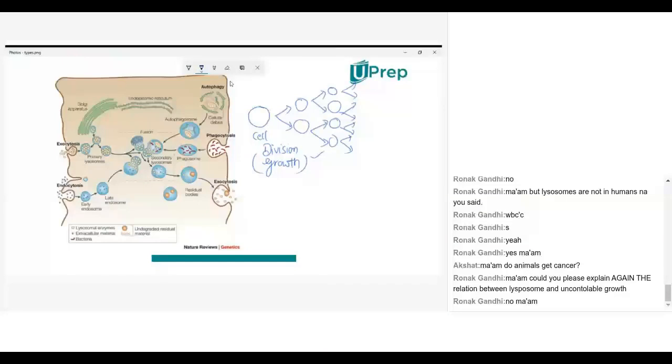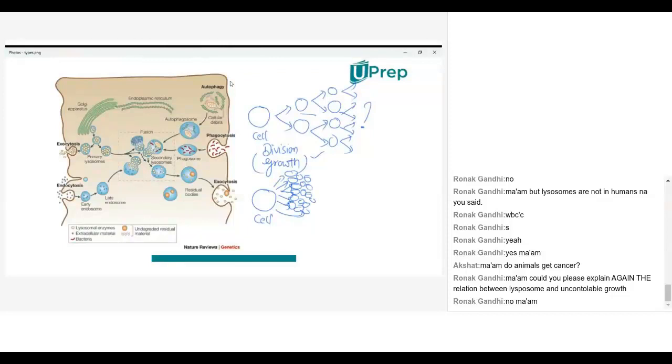But if this normal growth is not going to happen, how? You take a cell, the cell divides unlimitedly, not in a regular way. Numerous cells will be produced without any check. Like this.